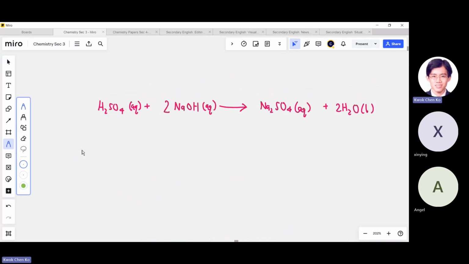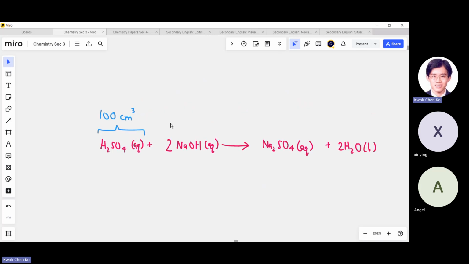Come guys, same reaction. But guess what? Your question is going to give you this. H2SO4, they give you 100 cm cube, cm cube, not dm cube, and concentration is 0.2 mole per dm cube.